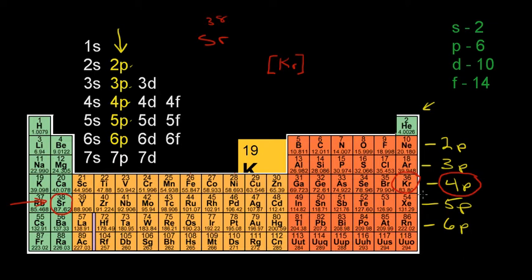And then we know that it is filling up to 4p, which is here on the chart, right? So that means krypton goes through here, through here, through here, through here, through here, and then it's all filled up.